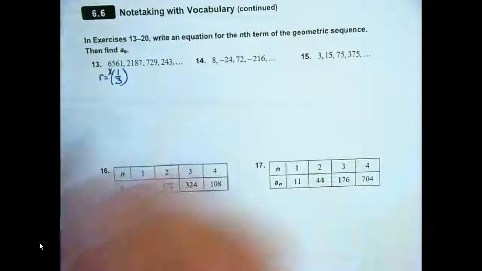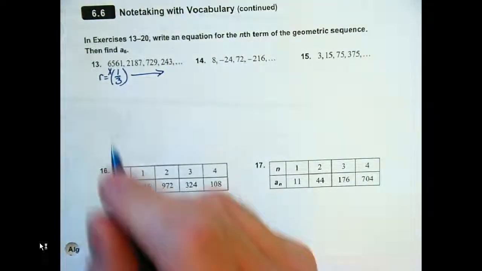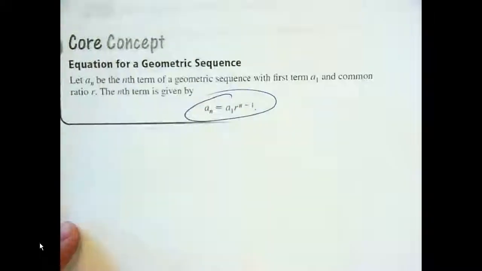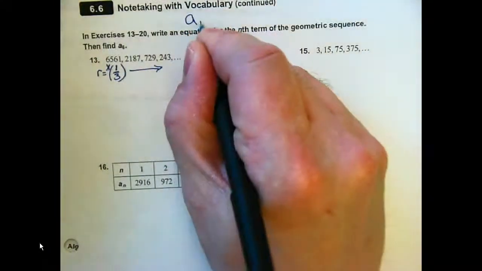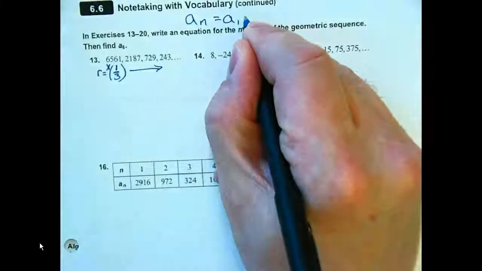All right, write an equation for the nth term. That is where we're using this formula again, right here. A sub n, write it at the top of your page. A sub n is equal to A sub 1 times r to the n minus 1 power.